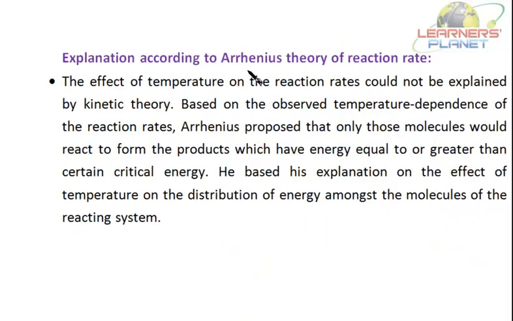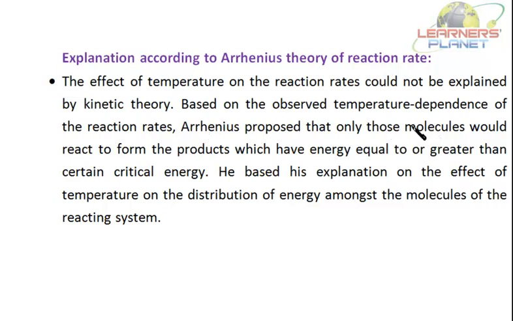This was according to the kinetic theory of reaction rate. The effect of temperature on the reaction rates could not be explained by kinetic theory. Of course, according to kinetic theory, there is an increase in the reaction rate by 1.6%.